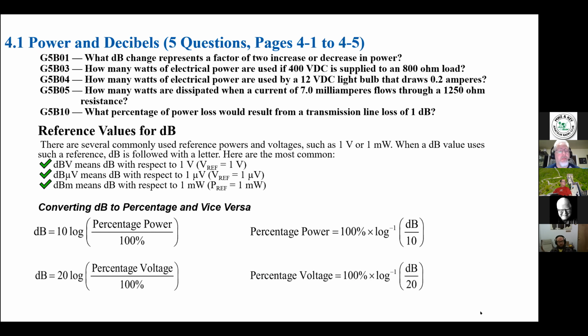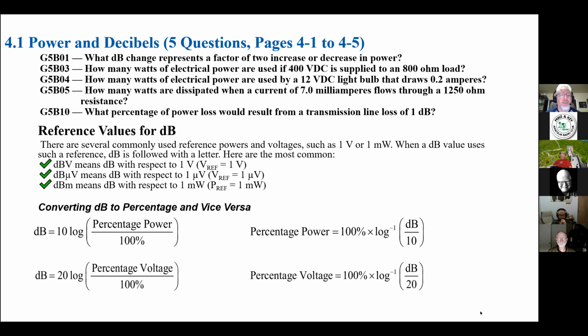Here are the most common. dBV means a dB with respect to 1 volt, or the voltage reference is equal to 1 volt. dBμV means dB with respect to 1 microvolt, and dBm is dB with respect to 1 millivolt.